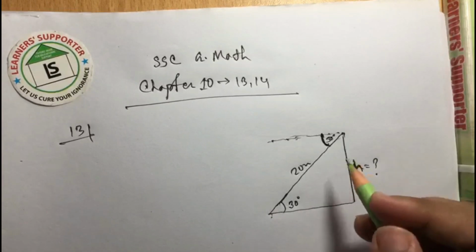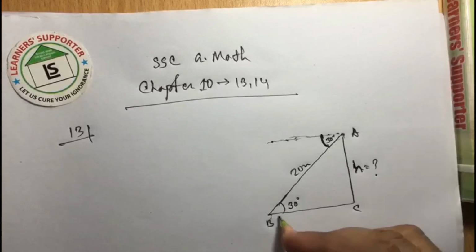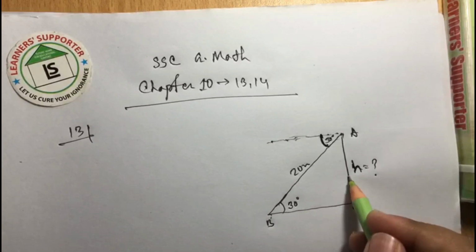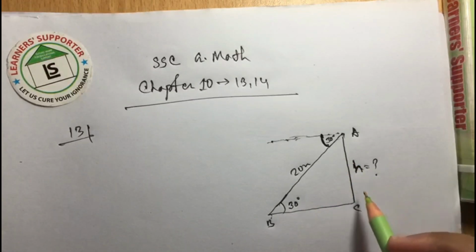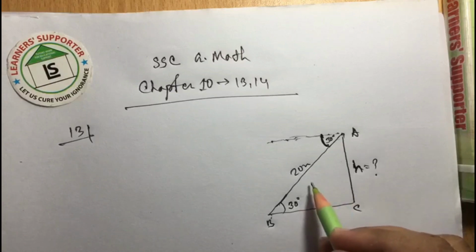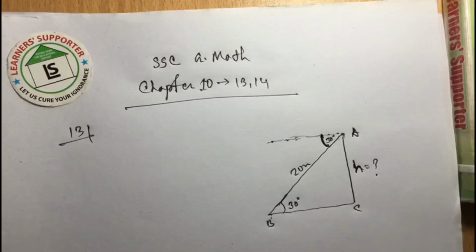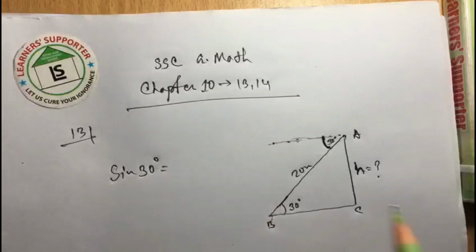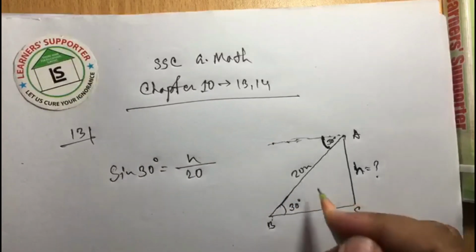So if I name it A, B, C, then B is the acute angle, so the opposite is AC and the hypotenuse is AB. So I have to find the value of AC. I will make a relation between opposite and hypotenuse, and I know that sine makes the relation between opposite and hypotenuse. That means we can write sine 30 degrees equals h by 20, hypotenuse is 20.